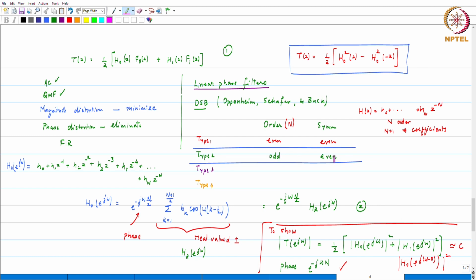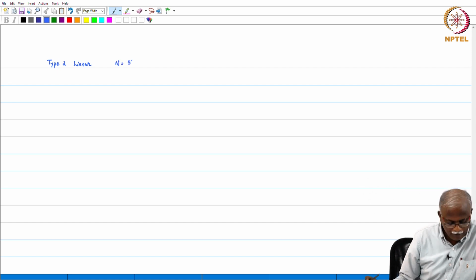Now it is useful to take a simple example of a filter that satisfies the type 2 constraint, because that will be useful in our discussion today. So, a type 2 linear phase filter. Let's take the case where the filter order is equal to 5.